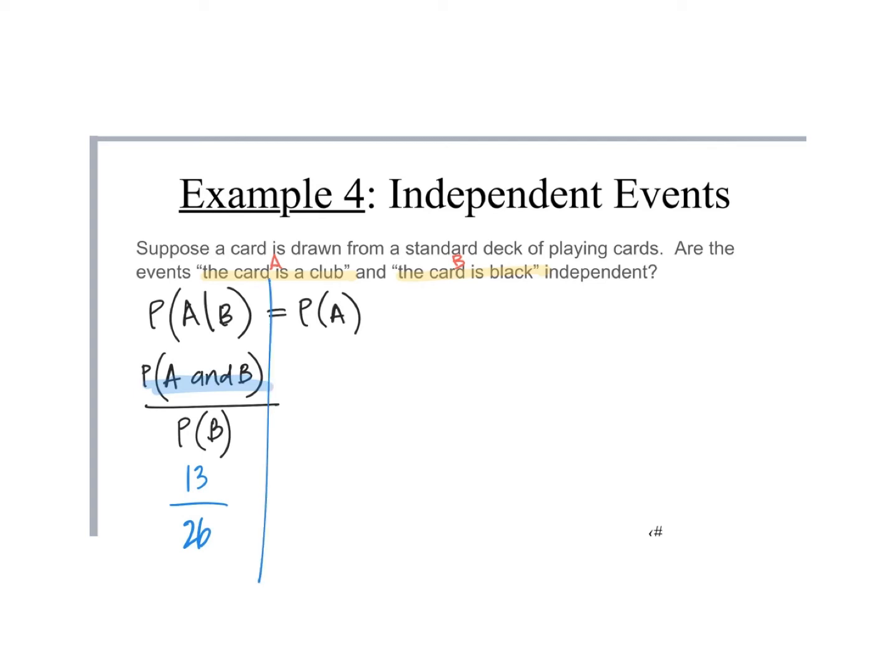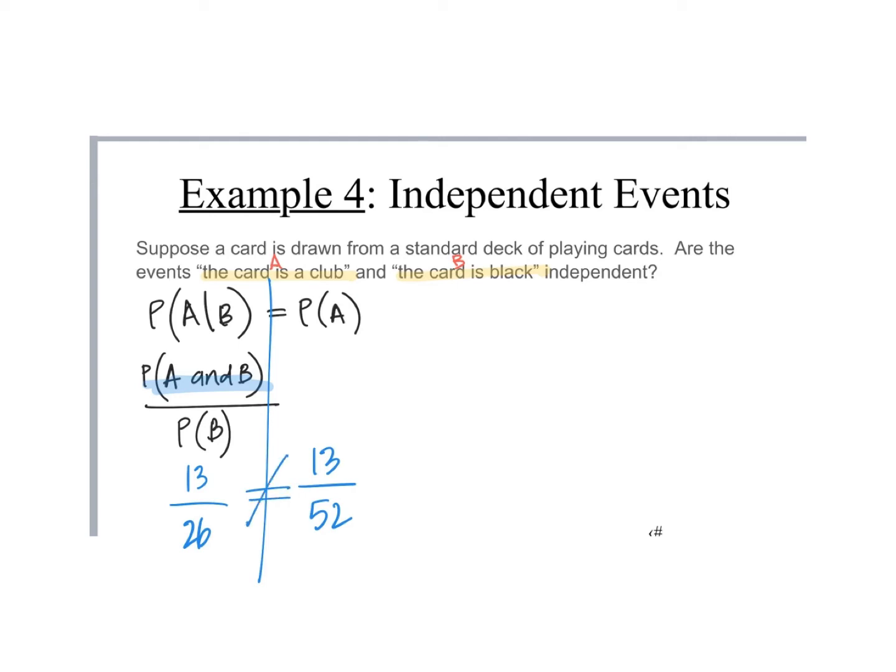So now we're trying to figure out what is the probability that the card is a club, because that's event A. Well, all of the clubs in the deck is 13 out of the total in the deck, which is 52. So as you can see, these two probabilities are not the same.